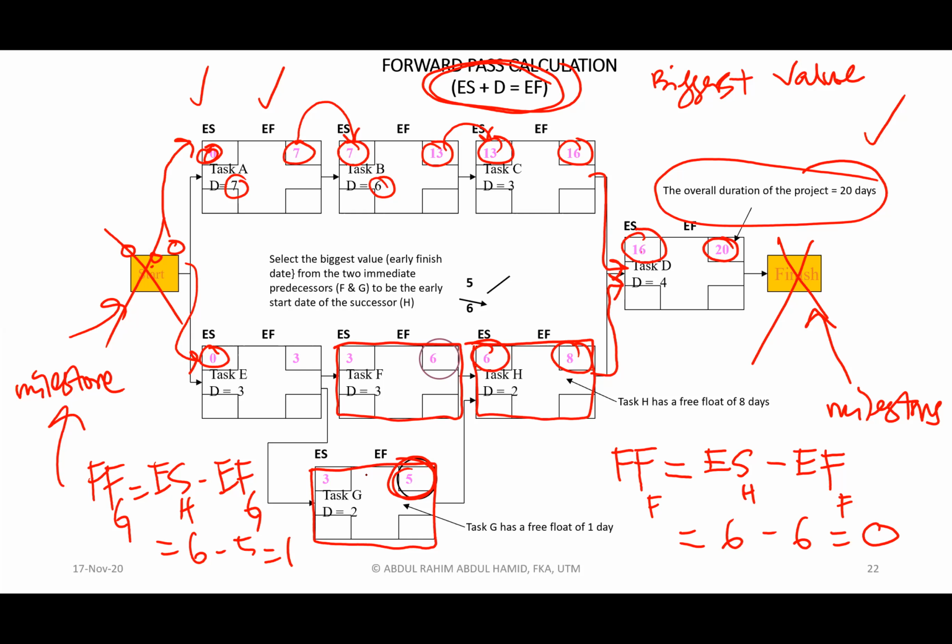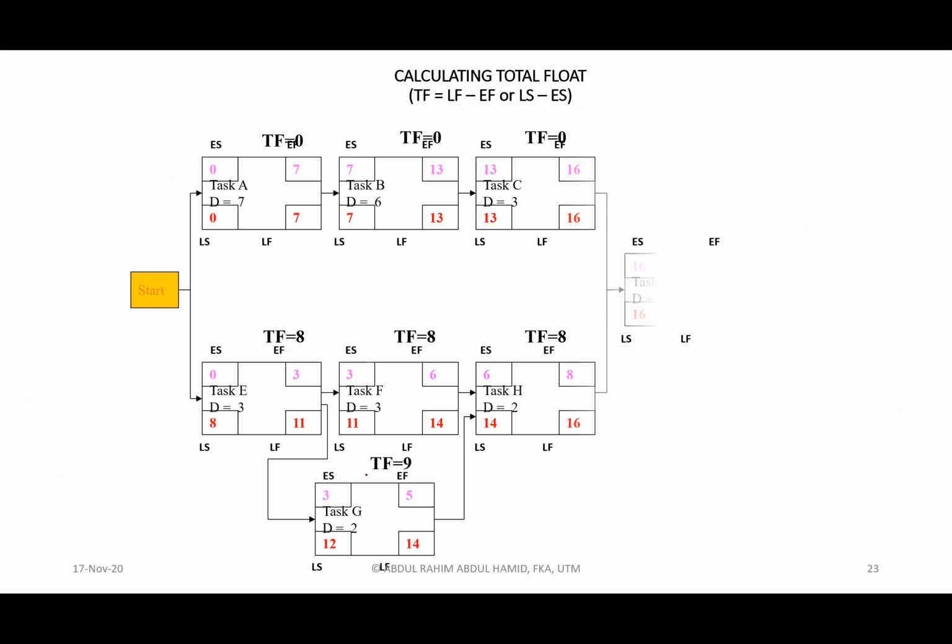Activity G can start on day number 4. If it starts on day number 4, then activity G will finish on day number 6, and H can still start on day number 6, which is equivalent to activity F. So that is the concept.